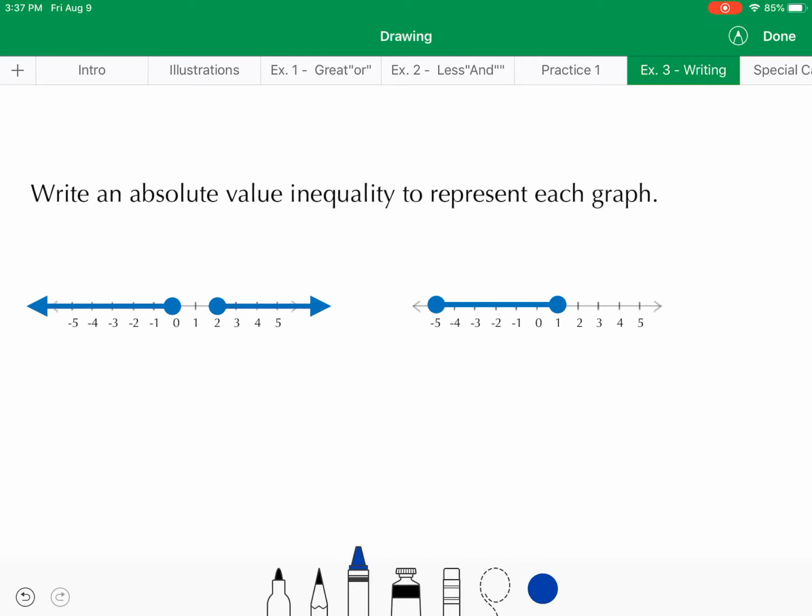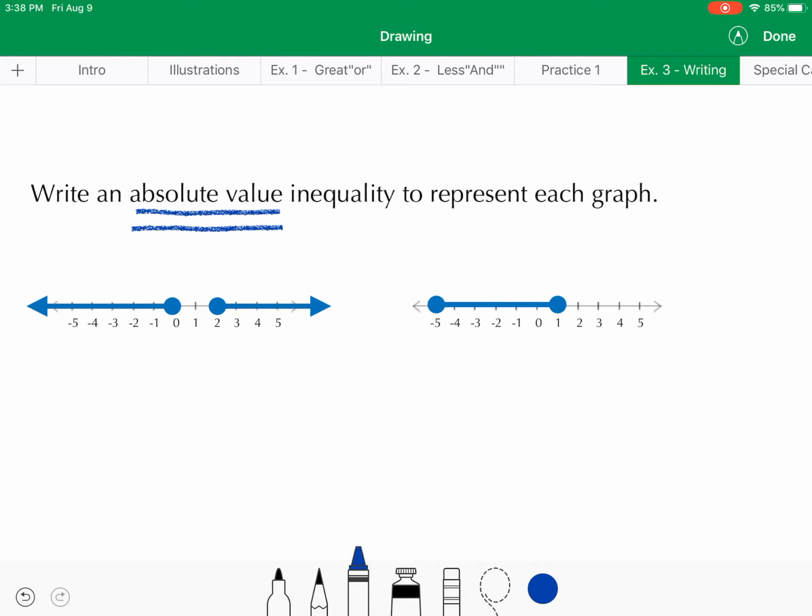Okay, in this next set of examples, we are given the graph of what appears to be a compound inequality. And what we'd like to do is write an absolute value inequality to represent each graph. Okay, so notice the directions. We want absolute value, not compound.